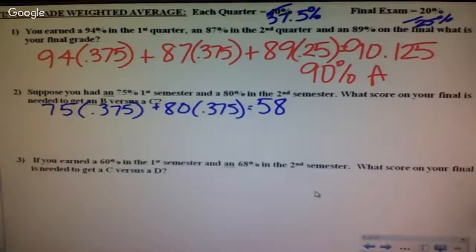Clear. 75 times 0.375 plus 80 times 0.375.